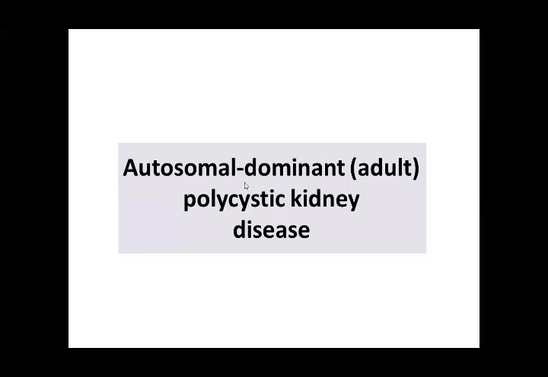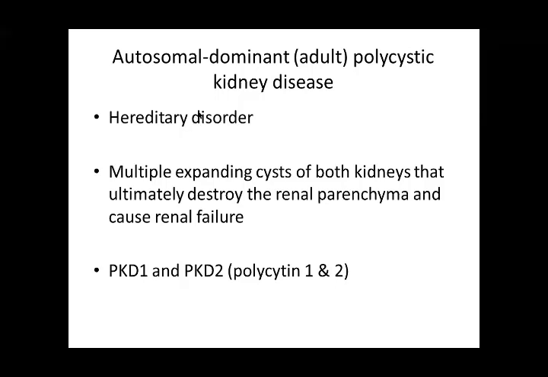Now we come to autosomal dominant polycystic kidney disease. Autosomal dominant polycystic kidney disease appears in adulthood and is a hereditary disorder. It has multiple expanding cysts of both kidneys that ultimately destroy the renal parenchyma and cause renal failure.